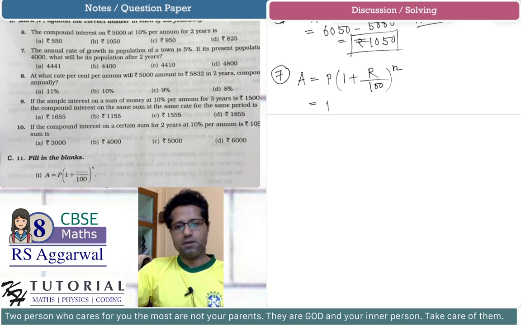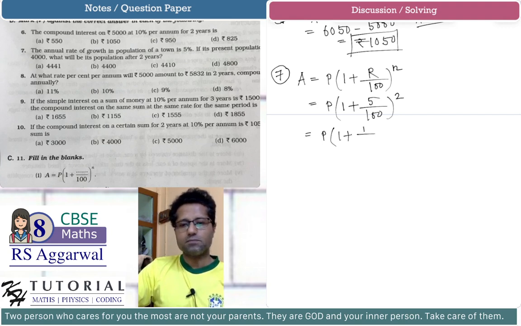So this is P, 1 plus the rate of growth is given to be 5, so 5 by 100 to the power n is 2, because it is asking what will be its population after 2 years. So this is equal to P multiplied by 1 plus 1 by 20 square.